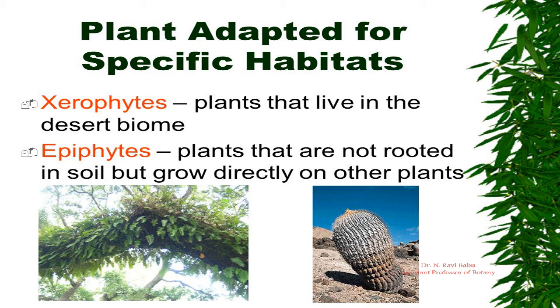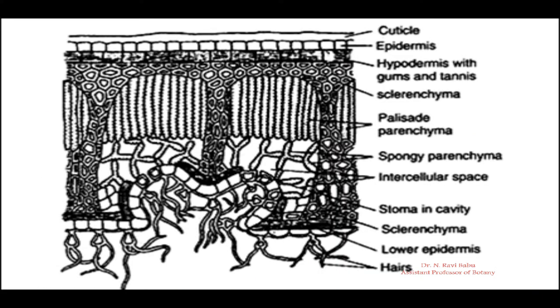Succulent epiphytes contain well developed parenchymatous cells to store water. This is a peculiarity, dear friends, in case of epiphytes. Particularly in the succulent epiphytes, they contain well developed parenchymatous cells to store water.